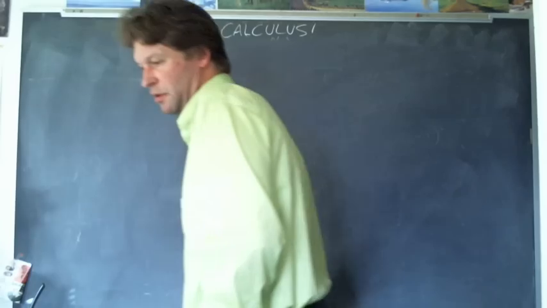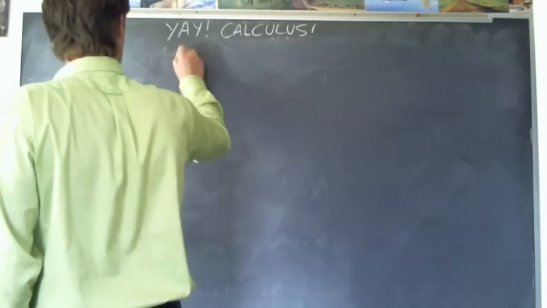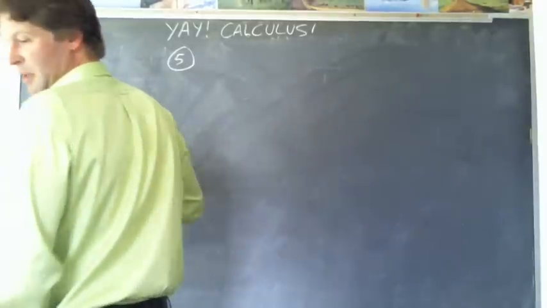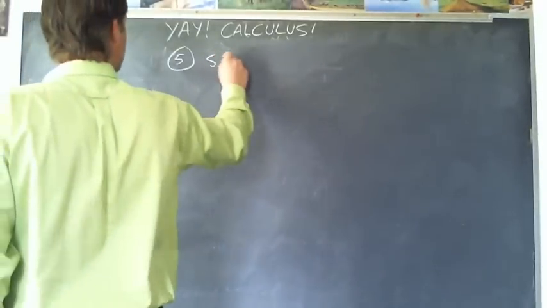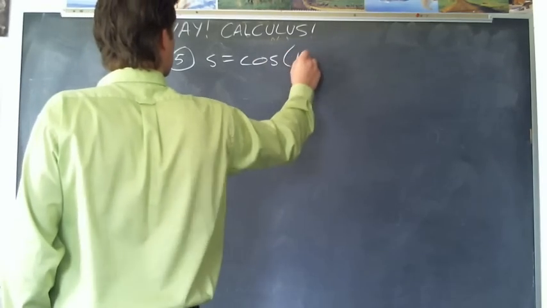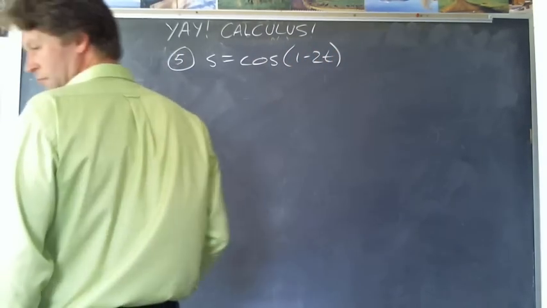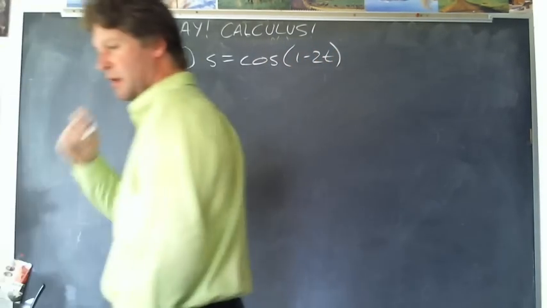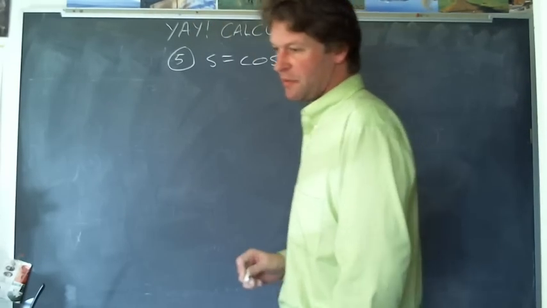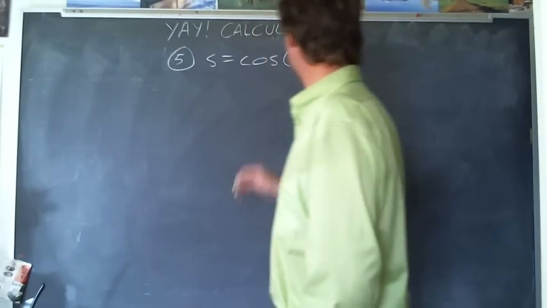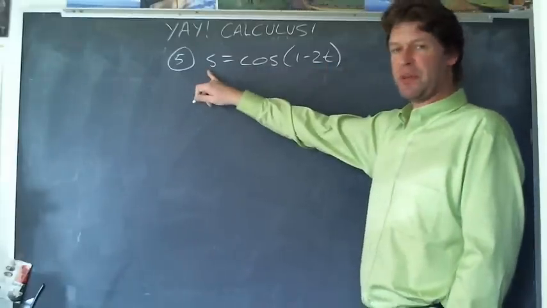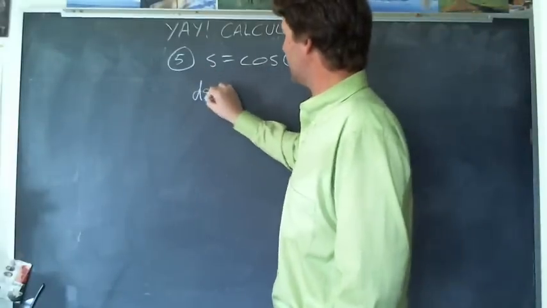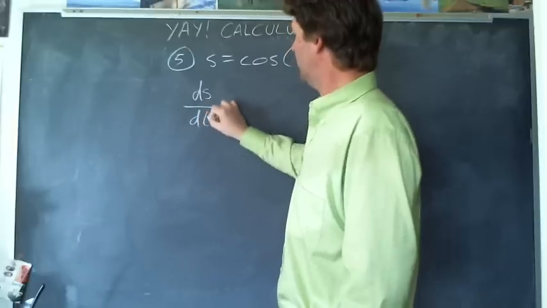Do one more. Number 5. s equals cosine of 1 minus 2t. Taking the derivative of the function, s is a function of t. When we take the derivative of s with respect to t, that's ds dt.